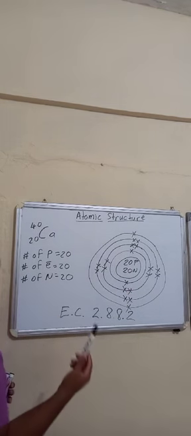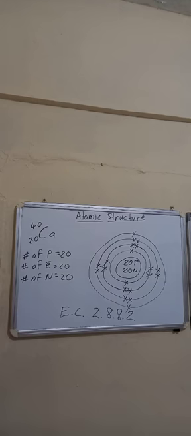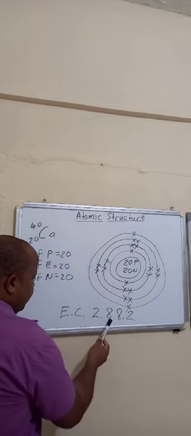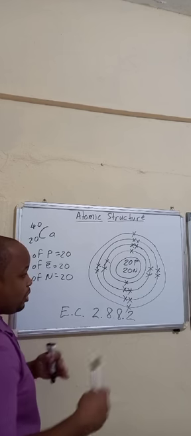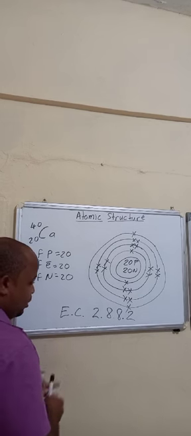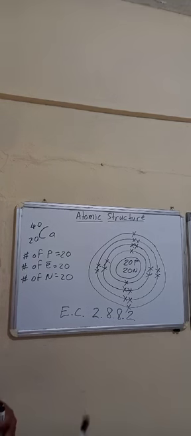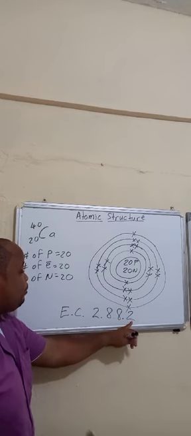Then you will just arrange the electrons accordingly. 2 on the first shell. If you have more, put it on the second. If you have more than 8 to put on the second, you will go to a third shell. And if you have more than 8 to put on the third shell, then you go to the fourth shell.